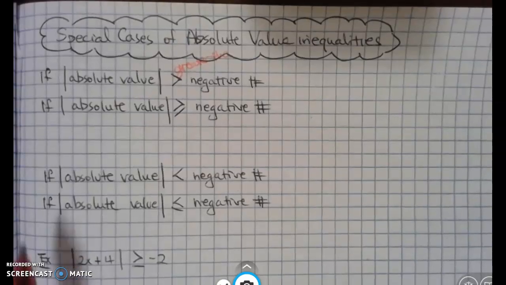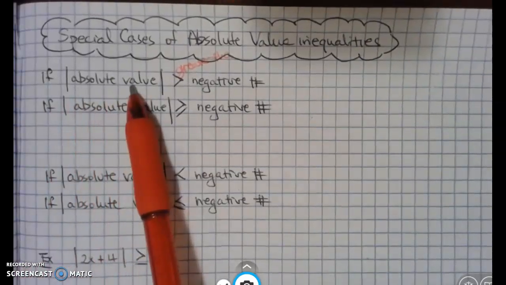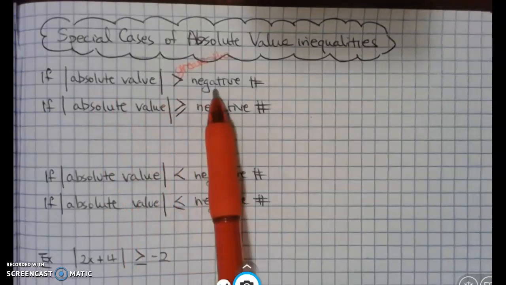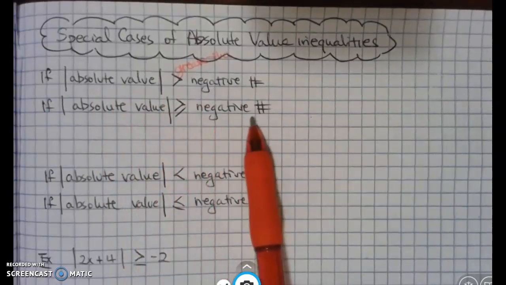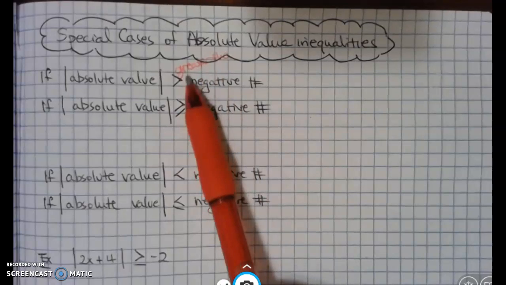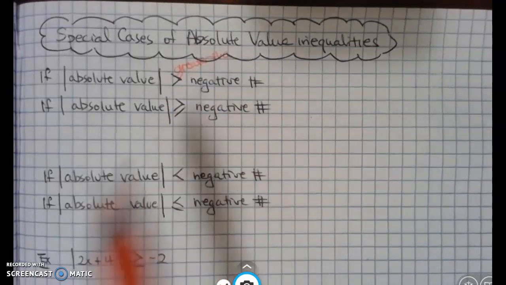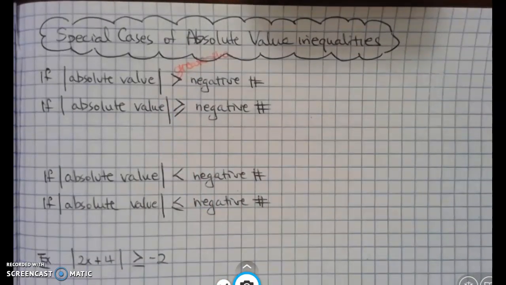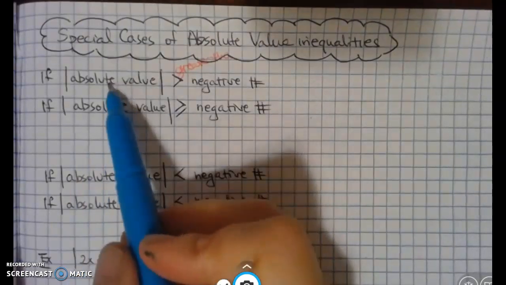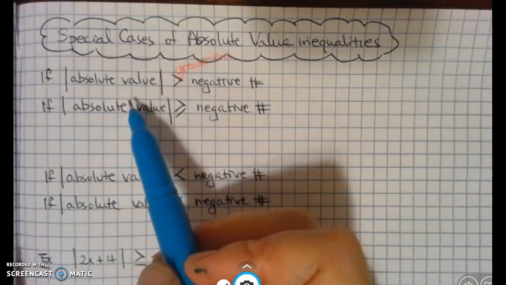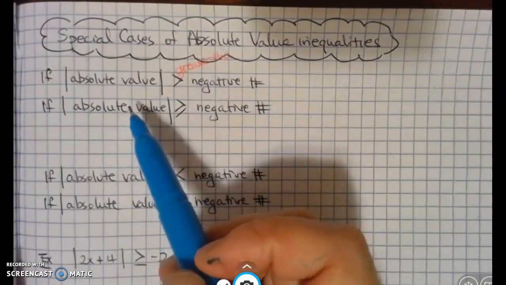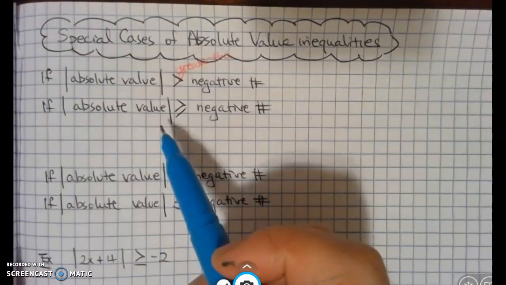So here you have the absolute value of some expression greater than a negative number, or greater than or equal to a negative number. Let's think about that for a minute. What does that mean? What will the absolute value function do? It always produces positive or 0 as its output, right?